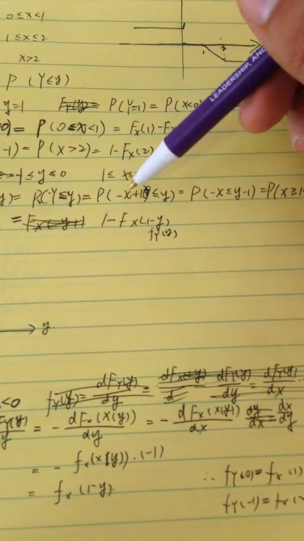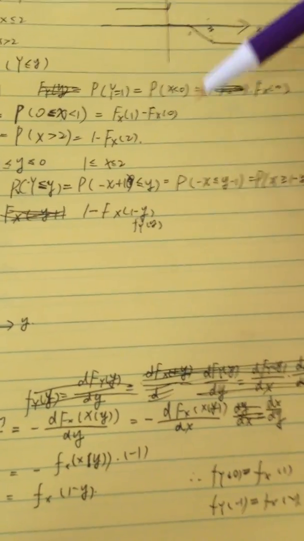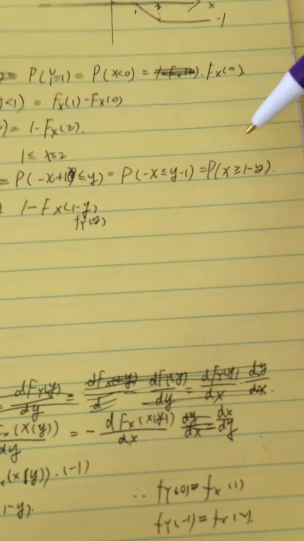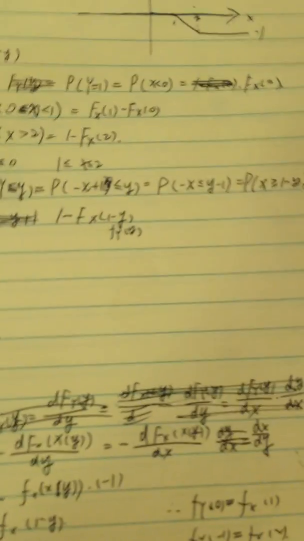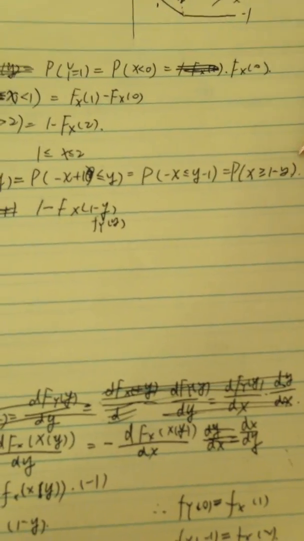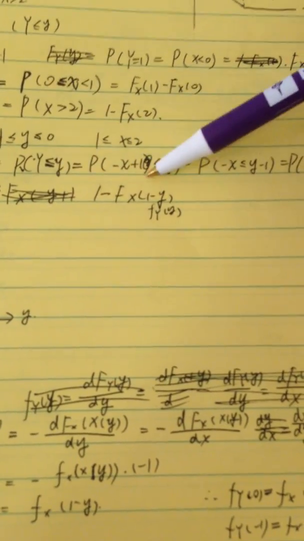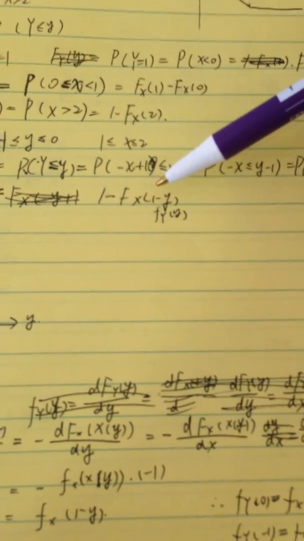We put x in terms of y, so this equals the probability of X more than 1 minus y, which equals 1 minus the distribution function of X at 1 minus y.